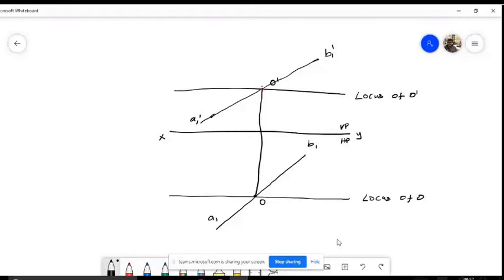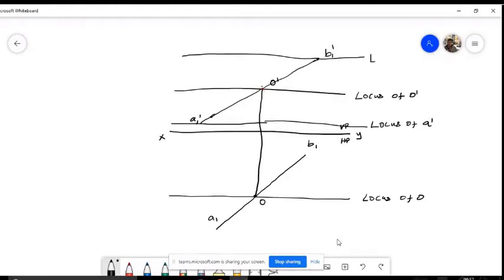Next you need to draw the loci for this line. From A1 dash you draw a horizontal line, something like this, and this will be my locus of A dash. From B1 dash you draw a horizontal line, and this will be my locus of B dash.